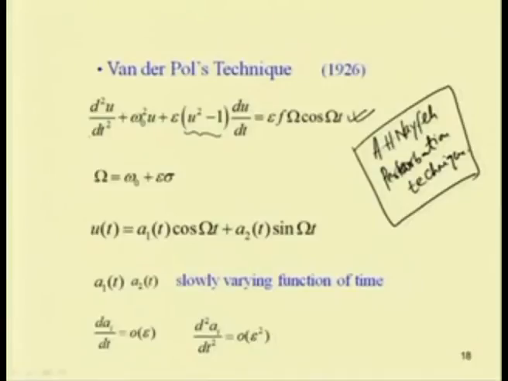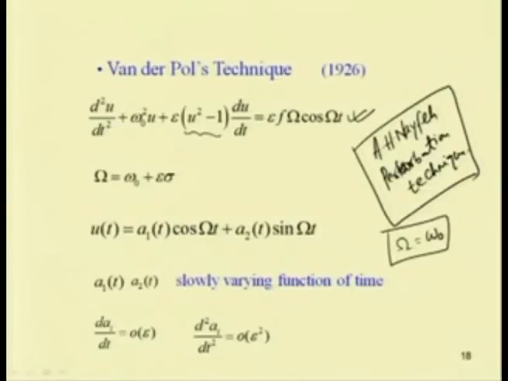The solution of that linear equation is u equal to a1 cos omega t plus a2 sin omega t, where a1 and a2 are constants and omega is nearly equal to omega 0, the natural frequency of the system.